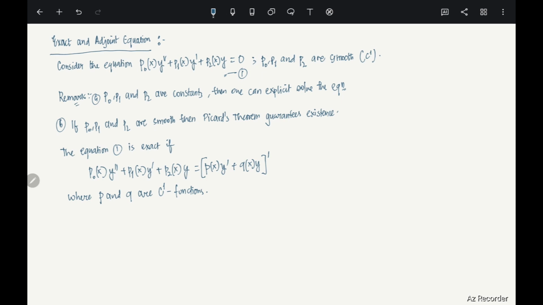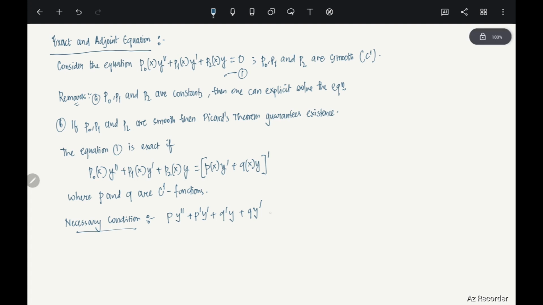Now the necessary condition: when can you write it? If this is the case, then if you break it up, it becomes P prime y double prime plus P y double prime plus P prime y prime plus Q prime y prime, and again, Q prime y plus Q y prime.